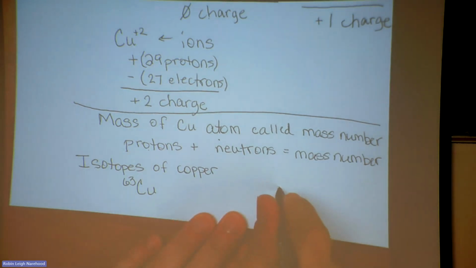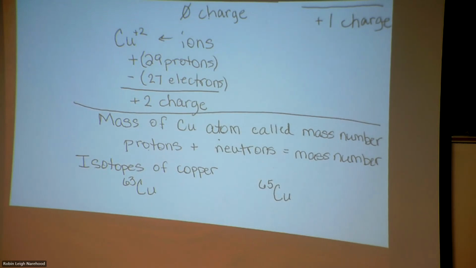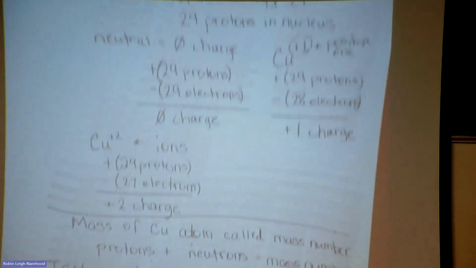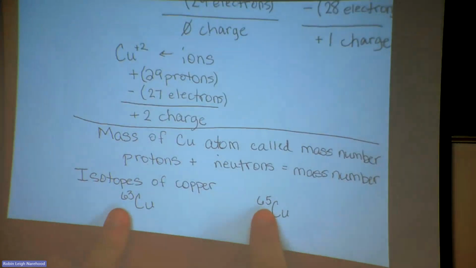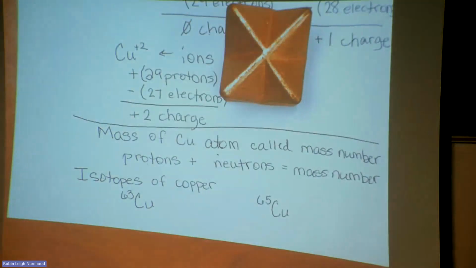And the other one is copper with a little 65 in the upper left-hand corner. That number that I just put into those upper left-hand corners, that is the mass number. Upper right-hand corner would be an ion charge. If you ever see a number in the upper left-hand corner, it's the mass number. So some of these copper atoms in this sample have a mass of 65, and some of them have a mass of 63.